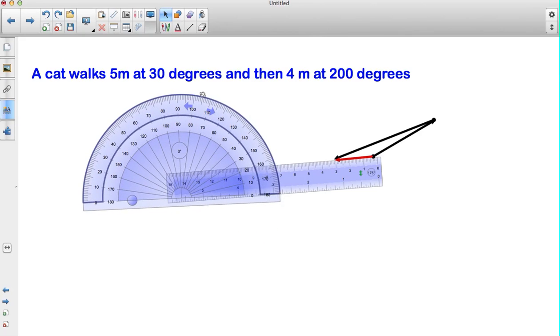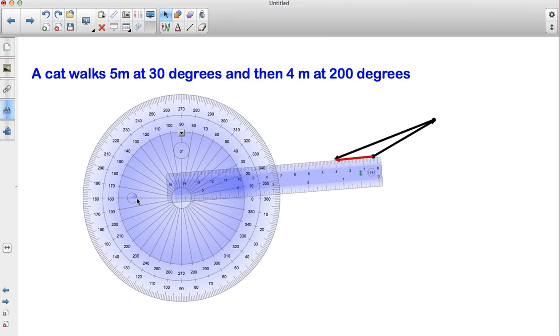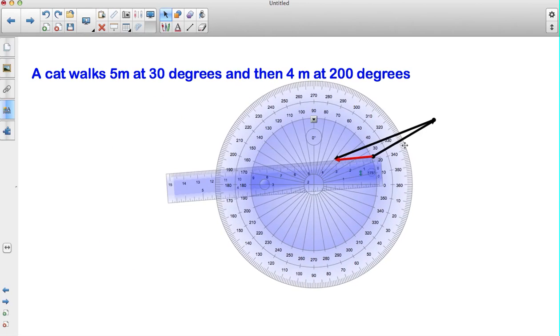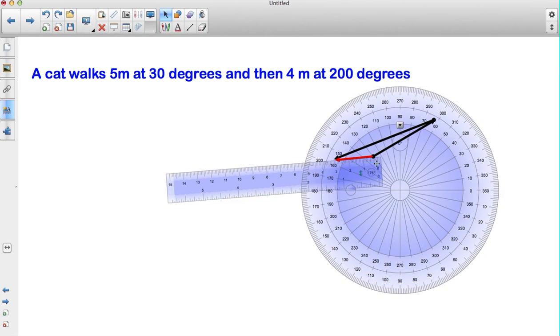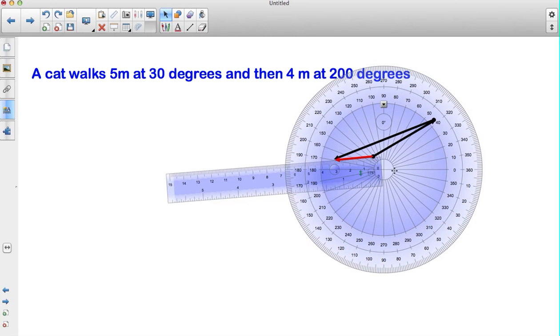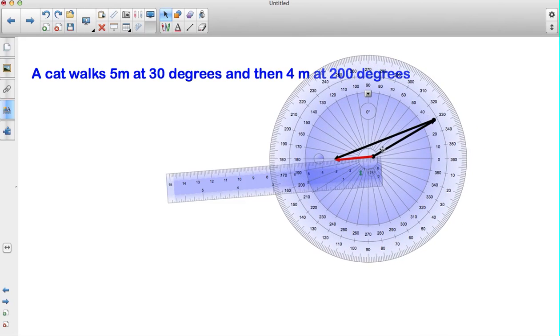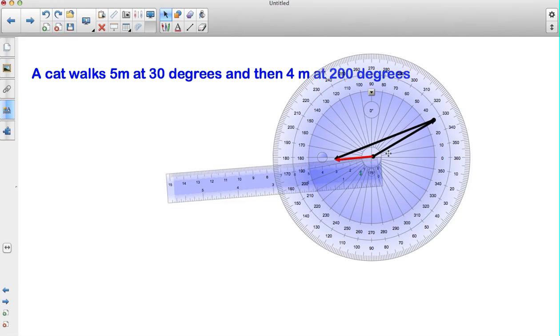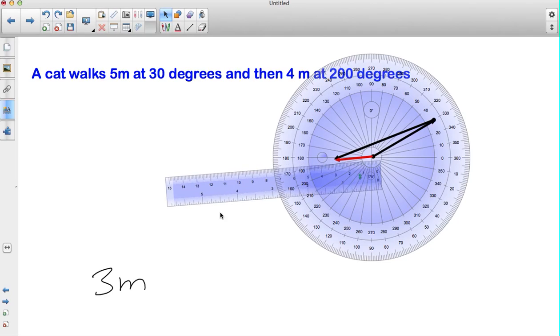Oops. My crazy rotating protractor over here. So I'm going to move it over here and put this right in the vertex of the triangle. Computer's lagging a little bit with this. So the first thing I established is that I went 3 meters. Now I want to pop my ruler out of here so I can figure out my angle.